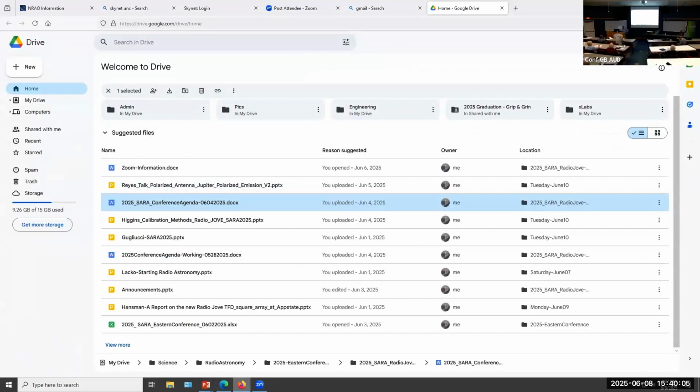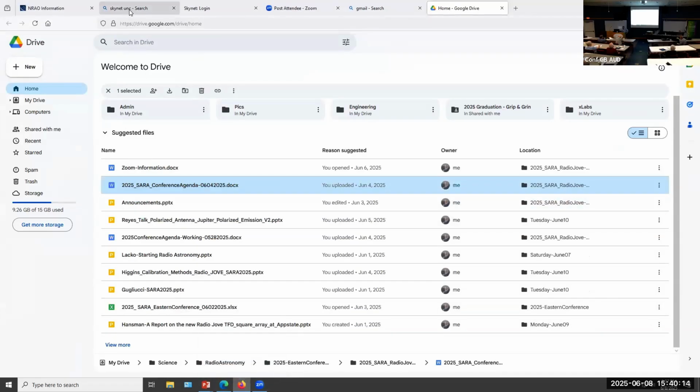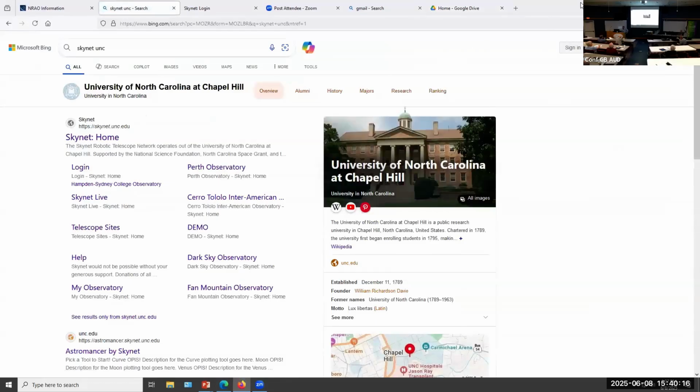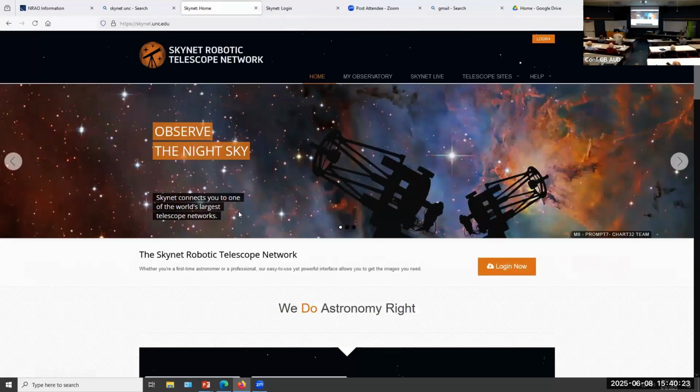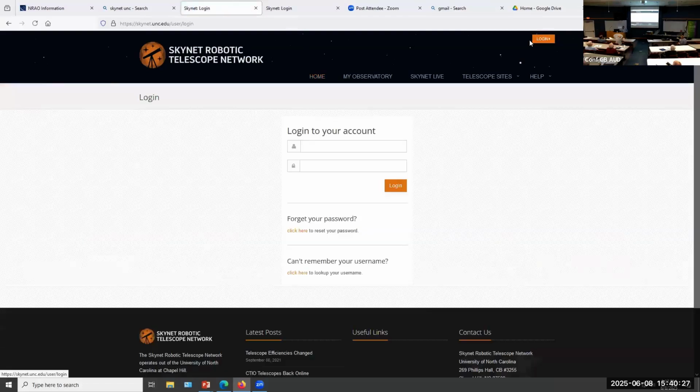So let's go into the web page. There it is. I'm loading the bar up there. You can go to a page here, and then you're going to put in the SARA password.